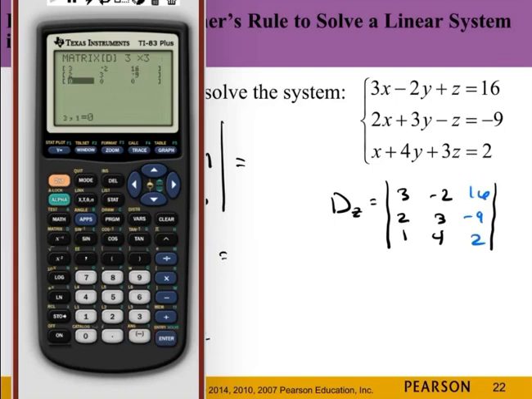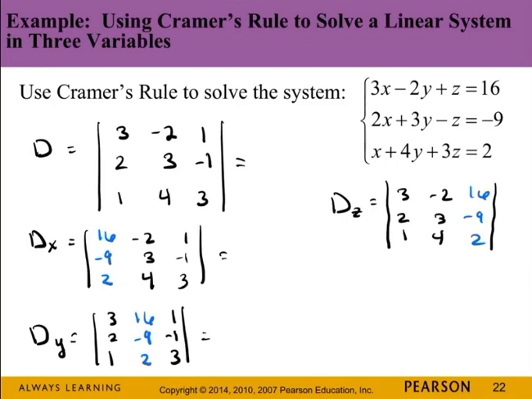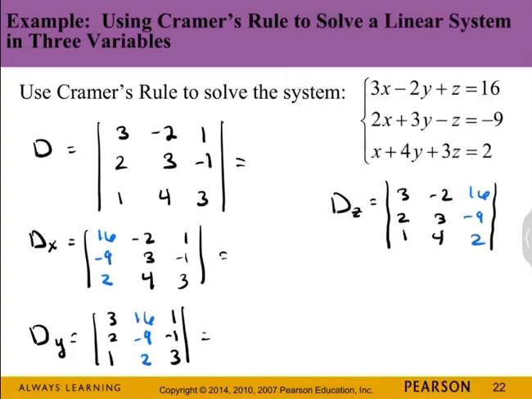Because if one thing is off, it doesn't work. 1, 4, and 2. Okay. So now, with that, let me go ahead and calculate all those determinants. So then I'm just going to kind of go to the answer just in the interest of time.